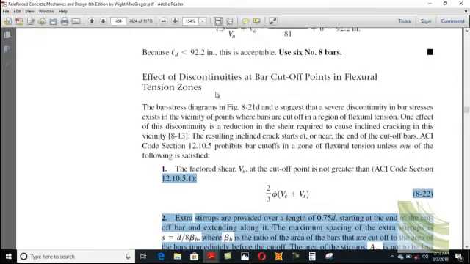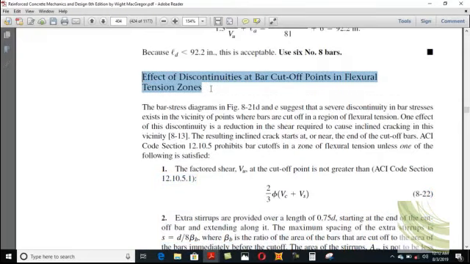So this topic: whenever you are cutting your flexure bars in a tension zone, there is a shear stress concentration, and it becomes the cause of the development of shear cracks.